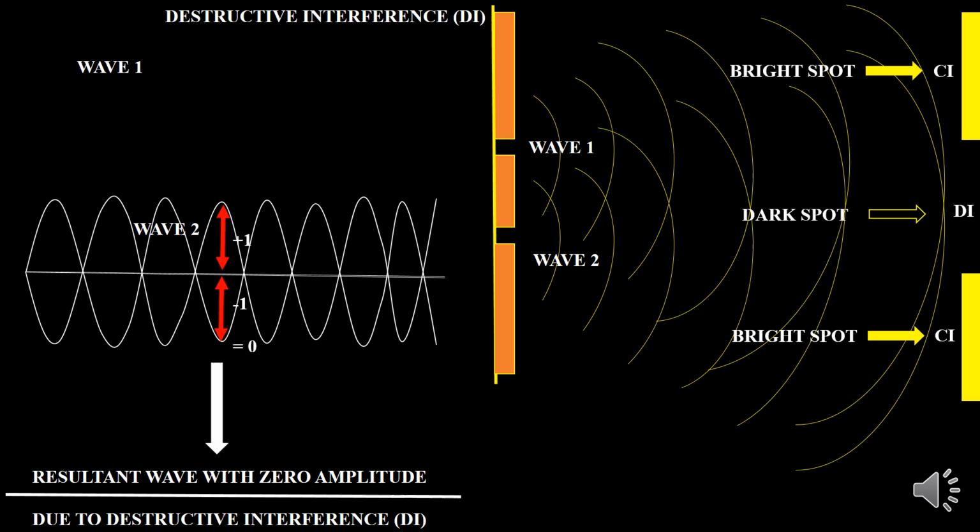The reason being, the values of the two waves mutually cancel each other. The value of the first wave is +1, and the value of the second wave is -1. When you add up, you end up with 0. So this leads to mutual cancellation.